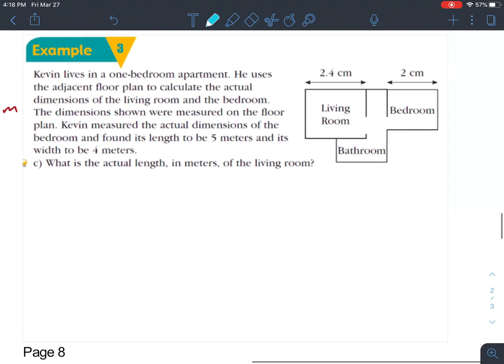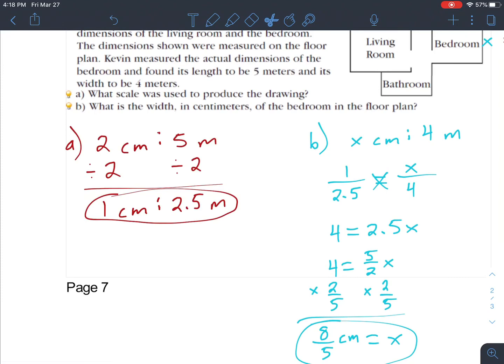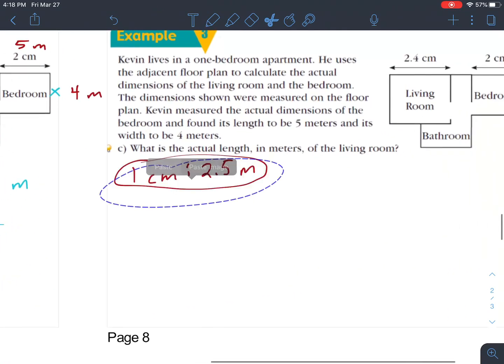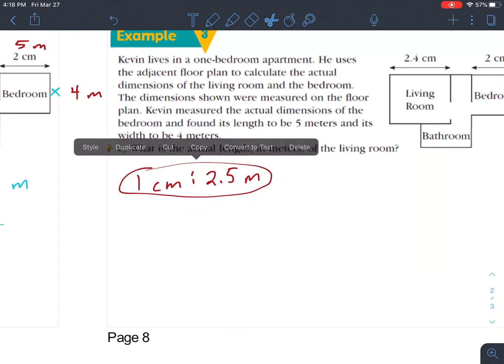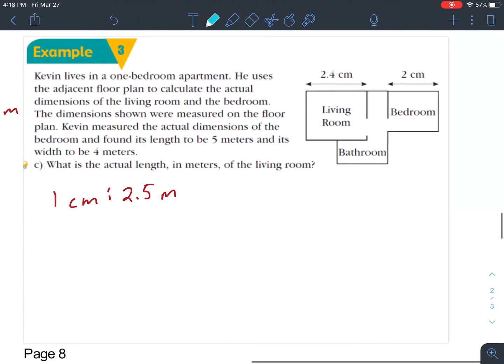Then for part C, we are being asked what is the actual length of the living room? So we are given the 2.4 centimeters up here, and back from earlier, we found that 1 centimeter is going to correspond to 2.5 meters. So now that we have that, we can go ahead and write in x meters.